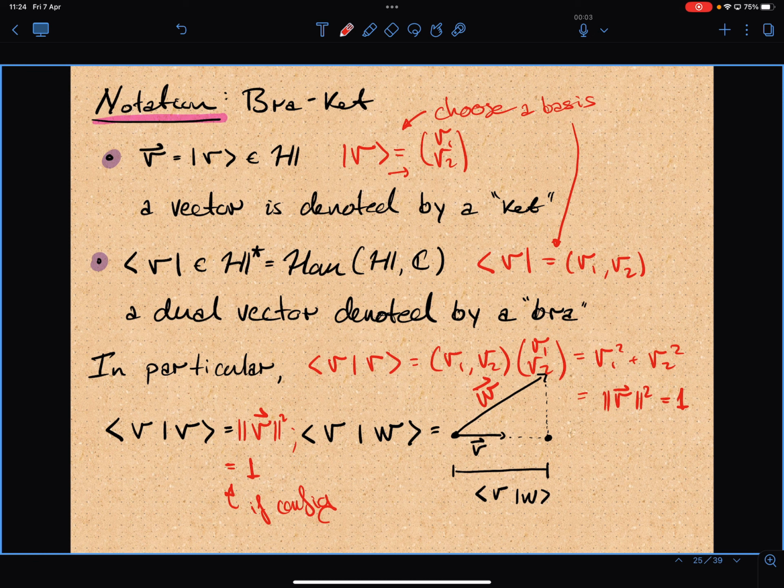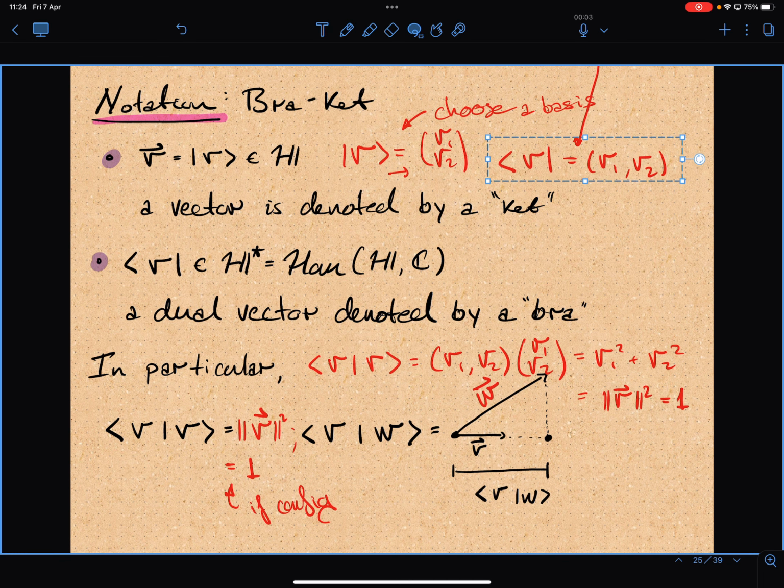Let me just write out the notation. This is the set of linear functionals from H to C such that F is linear.